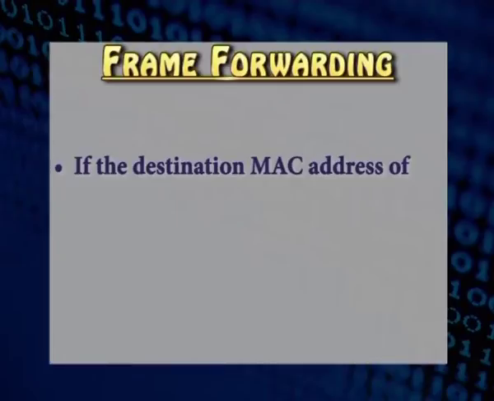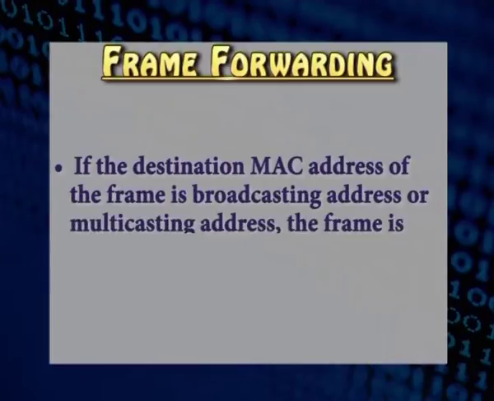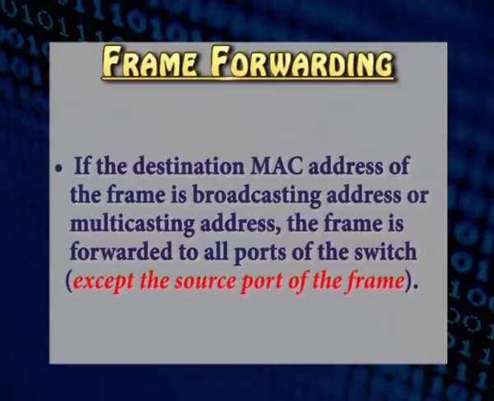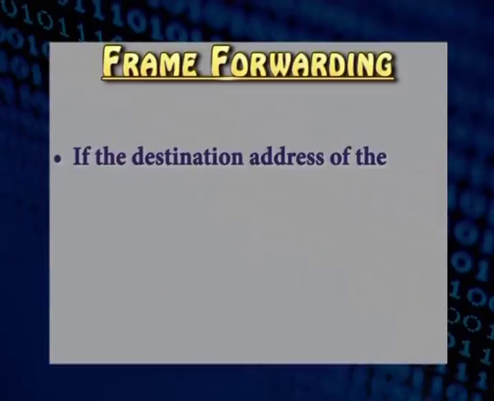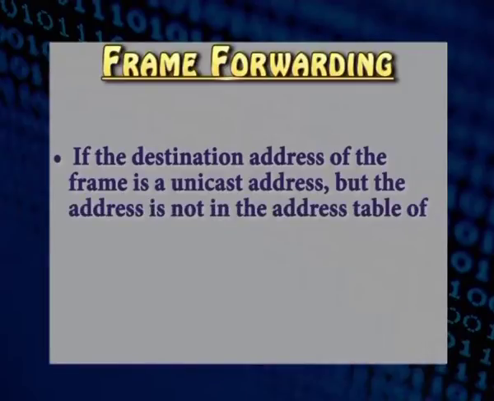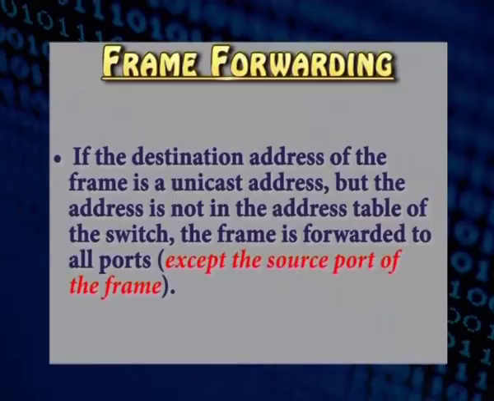If the destination MAC address of the frame is a broadcast or multicast address, the frame is forwarded to all ports of the switch except the source port of the frame. Second, if the destination address of the frame is a unicast address, but the address is not in the address table of the switch, the frame is forwarded to all the ports except the source port.